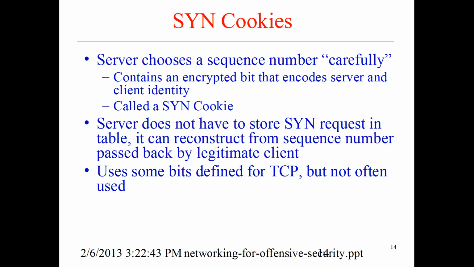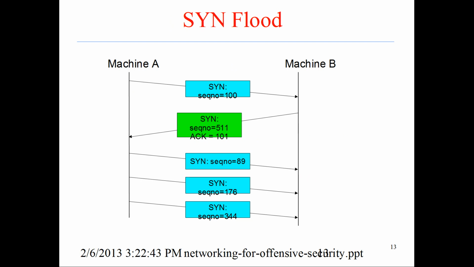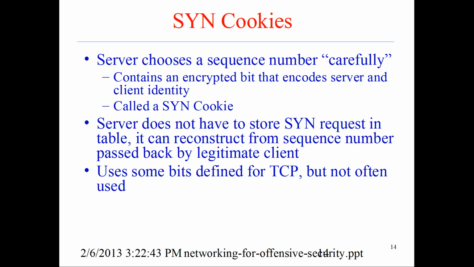So back to the sequence numbers and how those are chosen. There's usually a very specific algorithm used to choose the sequence number, and it must be chosen carefully, otherwise an attacker can guess it.